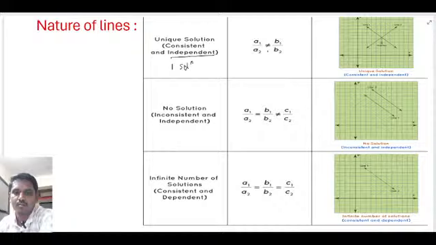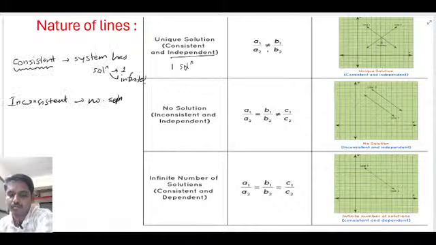In both cases, the system is said to be consistent. If the system has no solution, in this case we say that the system of equations is inconsistent. So here we do not have any solution, no solution.